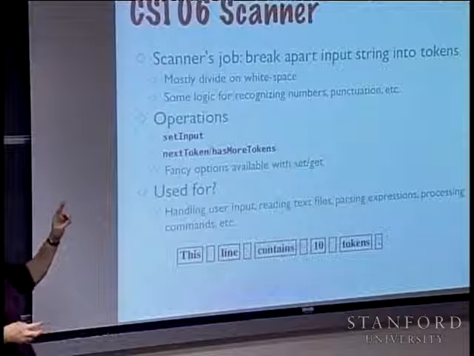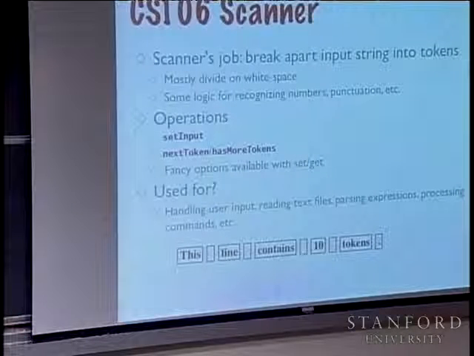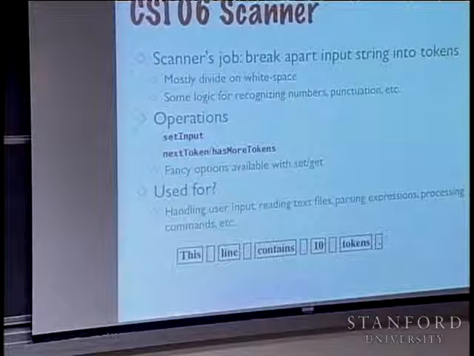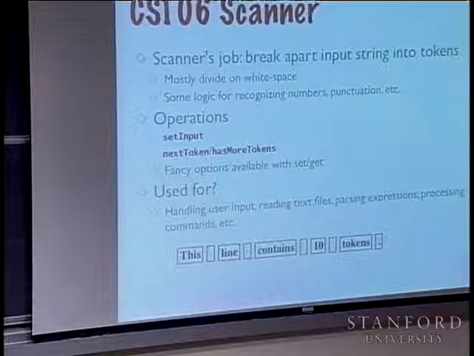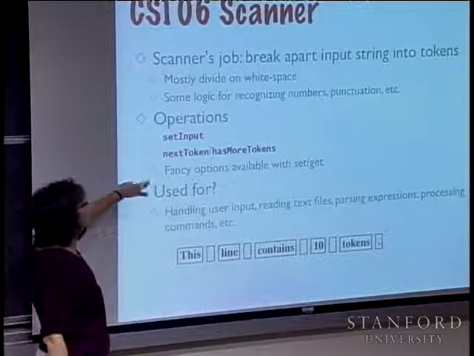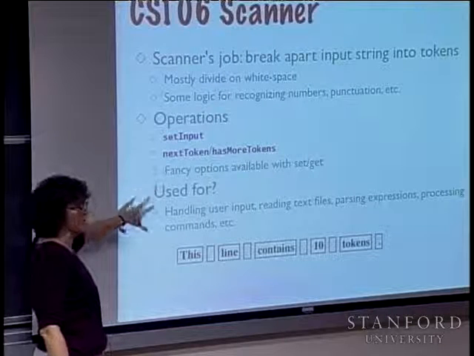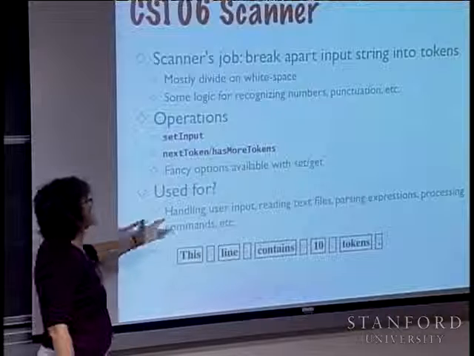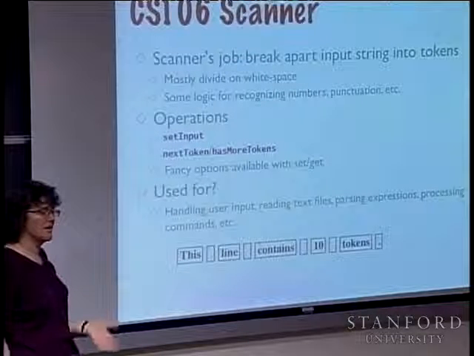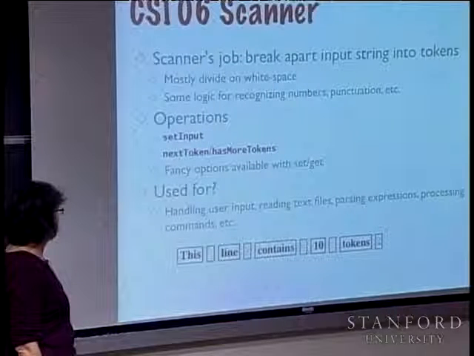You can tell it things like, when I see an opening quote, I want you to gather everything to the closing quote. So it does gather phrases out of a sequence if that's what you want. And so you have control over when and where it decides to do those things, that lets you handle a variety of parsing and dividing tasks by using the scanner to get that job done.